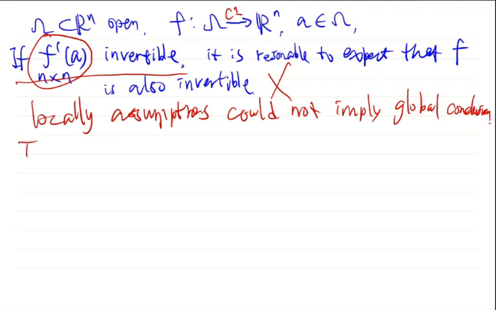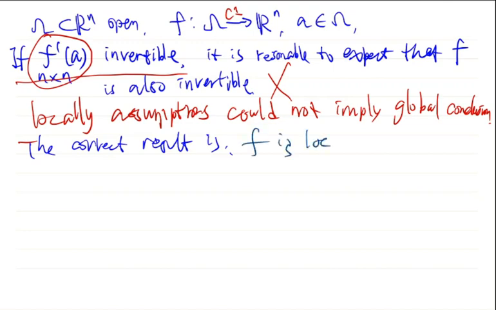The correct result is that f is locally invertible. Okay, this is the inverse function theorem, the conclusion of the inverse function theorem.